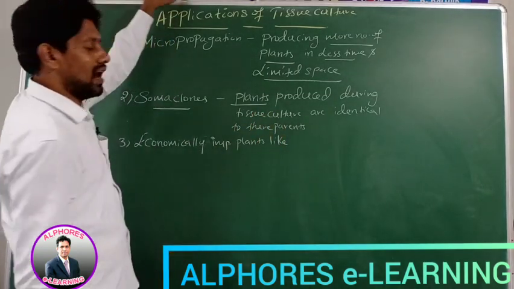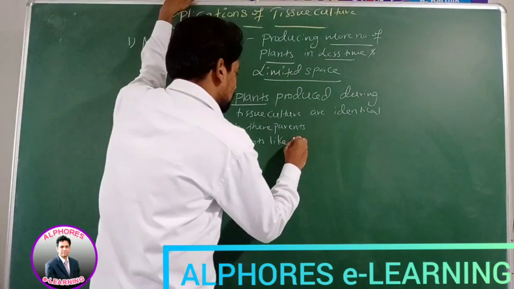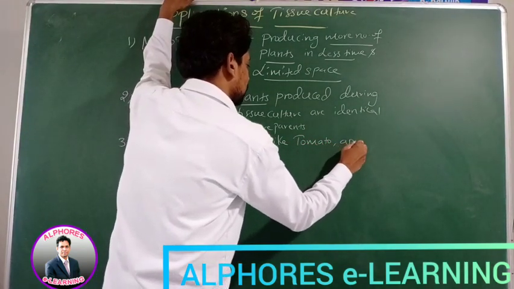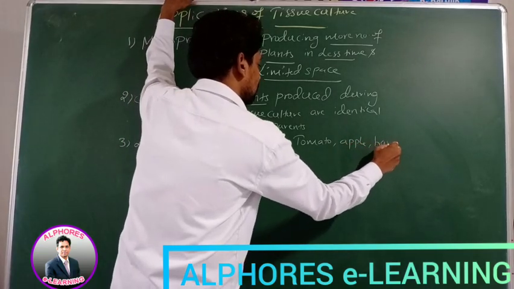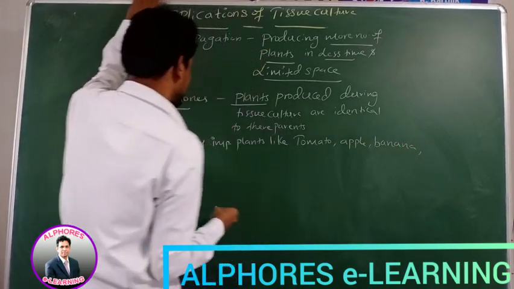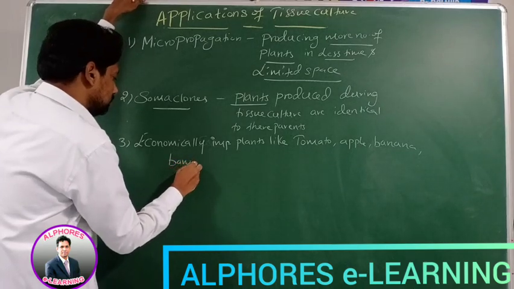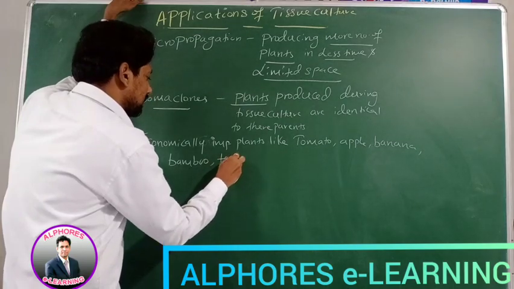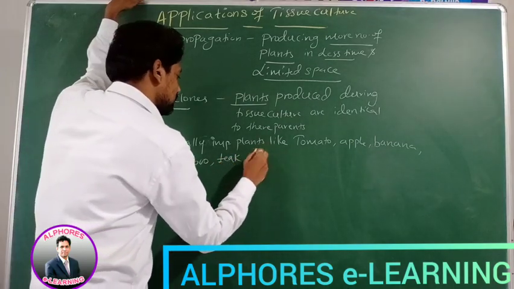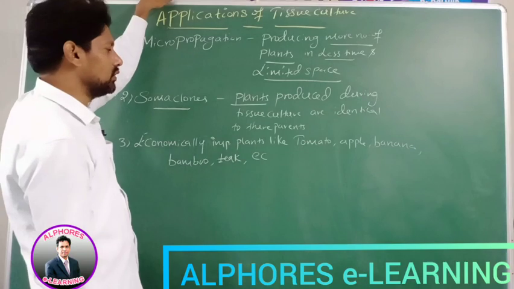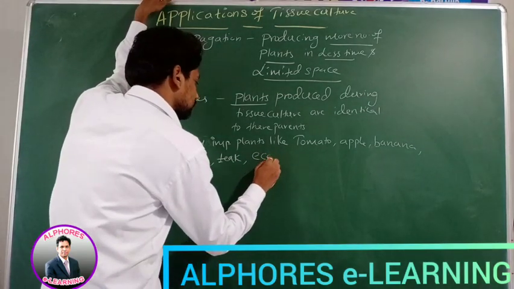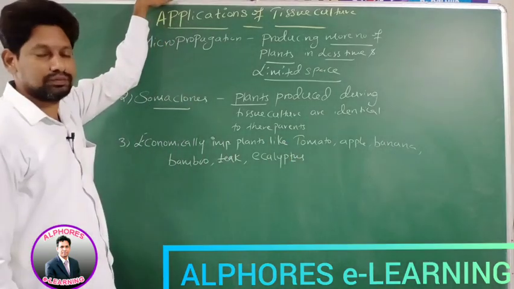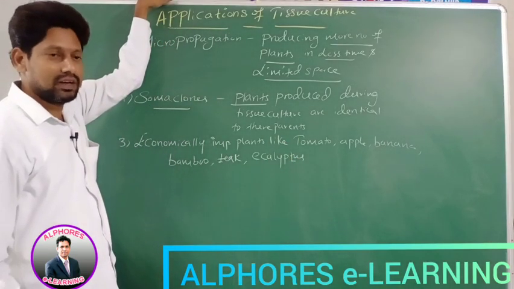Economically important plants like tomato, apple, banana, bamboo, teak, eucalyptus. Is it okay? Right.